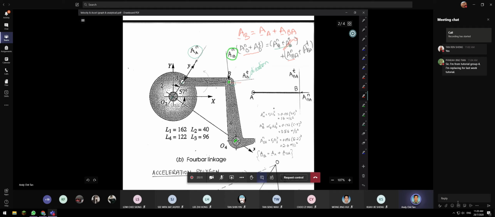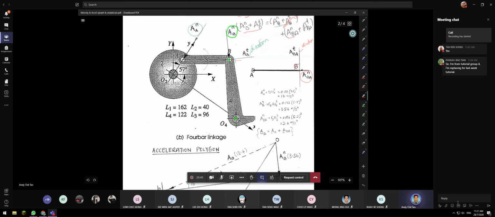All right, but it's too many lines, so I draw another separate line, AB. I draw it separately here. So BA normal is drawn from B towards A. All right, because from B to A. Tangential, I draw the direction because I do not know the arrow whether it's going up or going down. So I just draw the direction, which is perpendicular to this link. All right, it's easy.